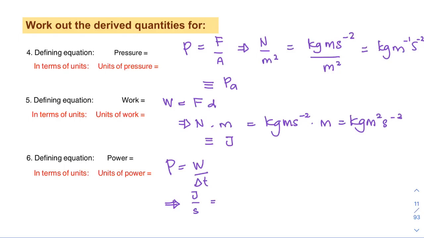Within joule itself, it's kilogram m squared s-2 over s, which gives you kilogram m squared s-3. This is equivalent to watt. Joule per second, in terms of SI basic units, is simply known as watt.